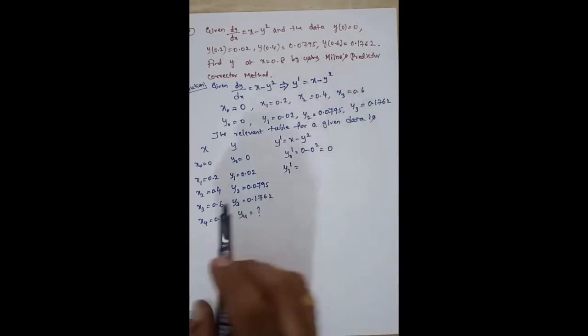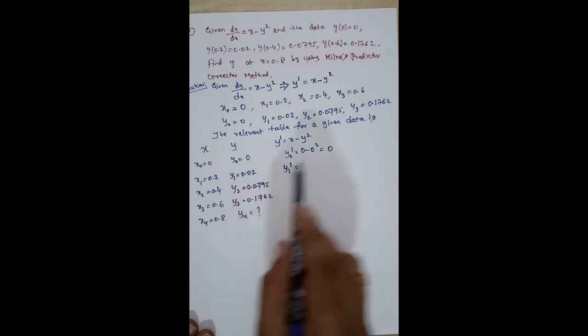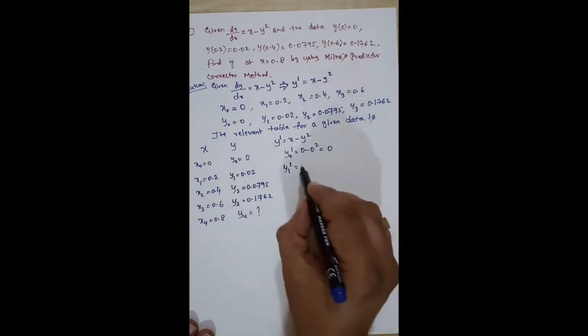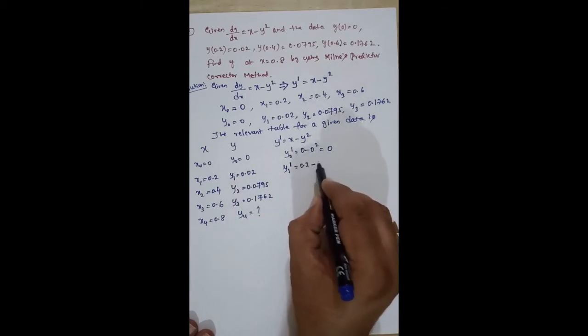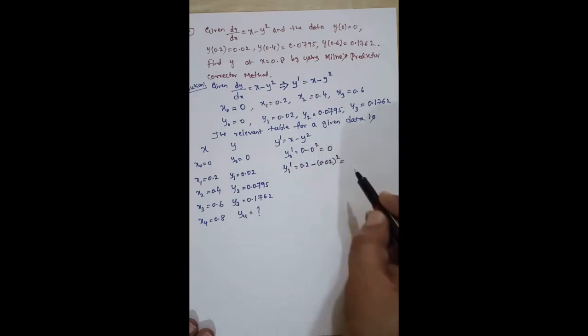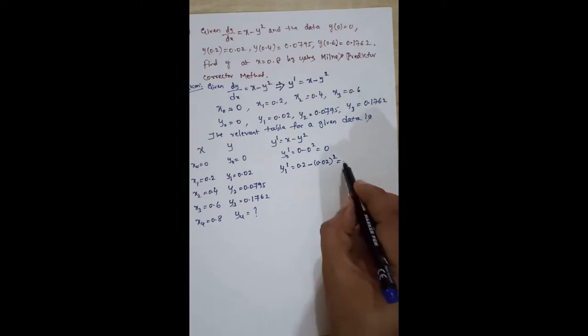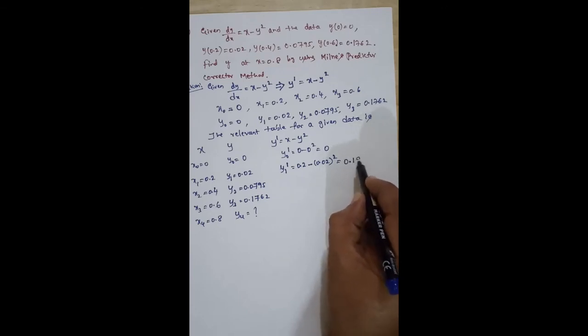Next is y1 dash. What is y1 dash? So x is 0.2, y is 0.02. That you substitute here. It is 0.2 minus 0.02 whole square. So if I simplify this, we get the value of y1 dash. So it comes around 0.1996.